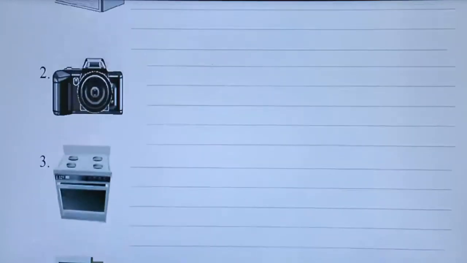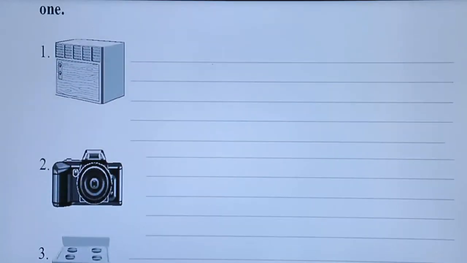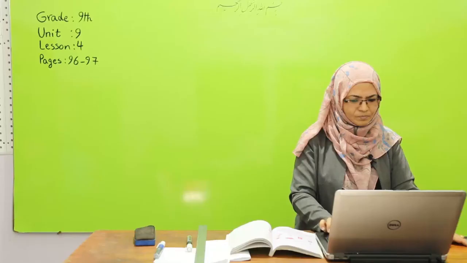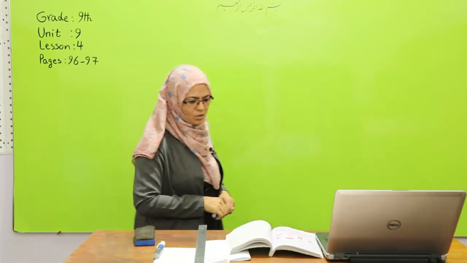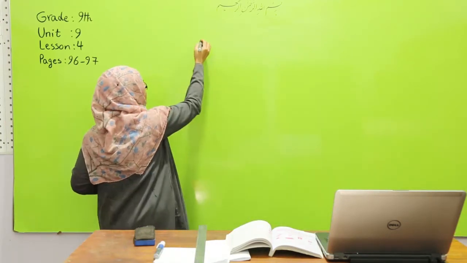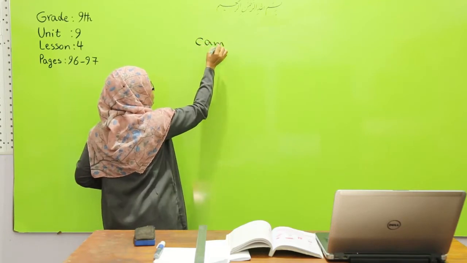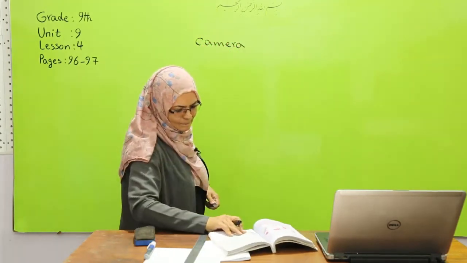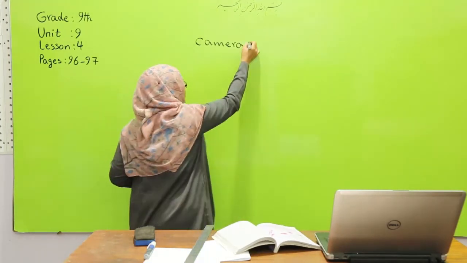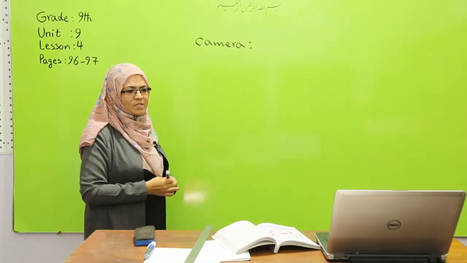For example, we can select one of them, like camera. I write down camera. I want a sentence for this one.